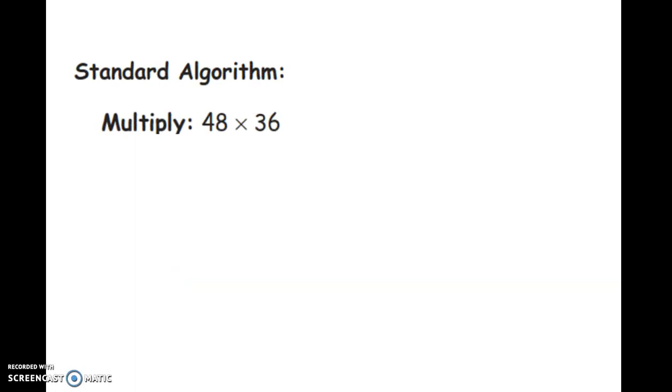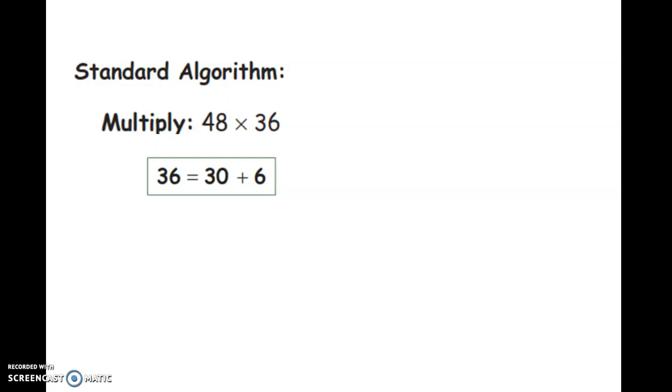Now let us see the standard algorithm. Okay, now let us see one example. 48 multiplied by 36. We have to separate the 36. How? 30 plus 6 is equal to 36.